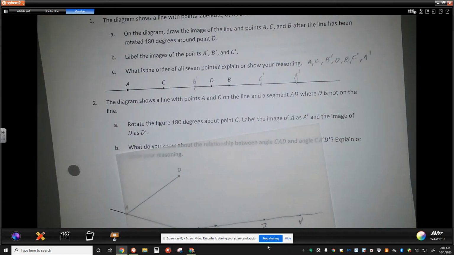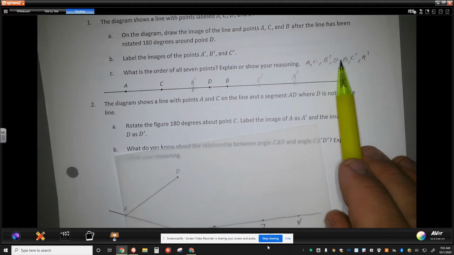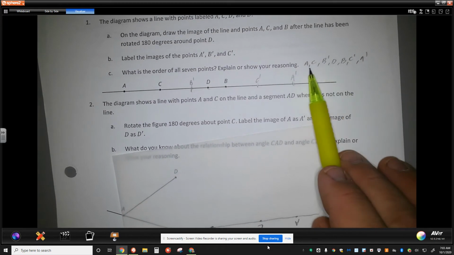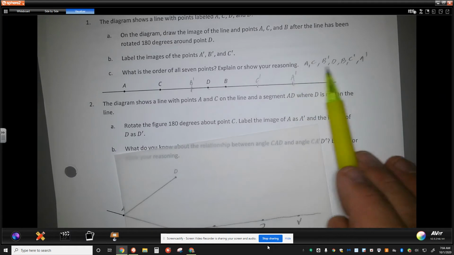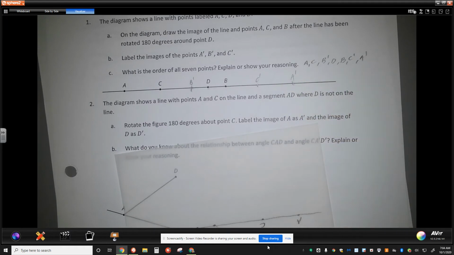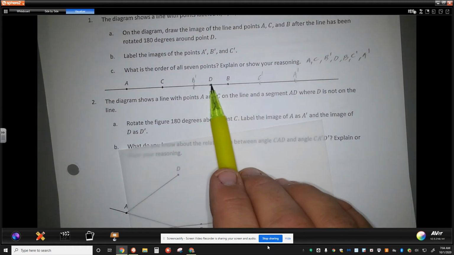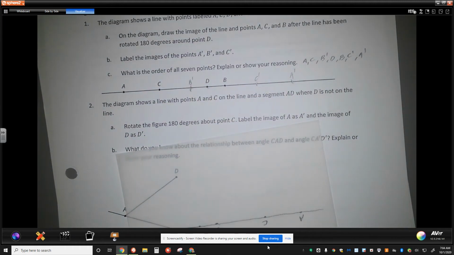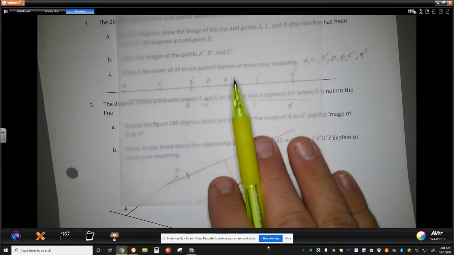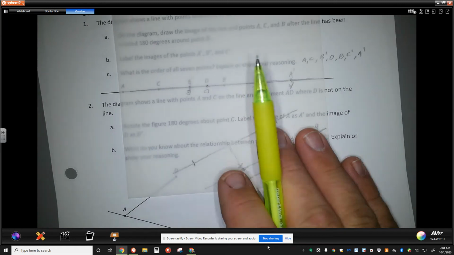And the reason for that, what we call this kind of is like a palindrome, where something is the same order forward and backwards. The only difference is I have primes. The reason for that is because of that 180 degree rotation, where the center of rotation was on the line, and so when I rotate my image, I should see all of the points back on the line because my line is going to overlap the exact same line.